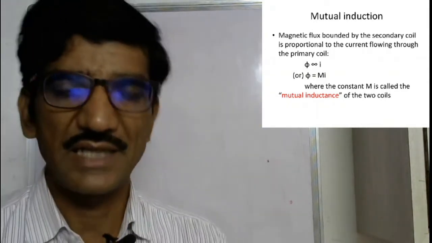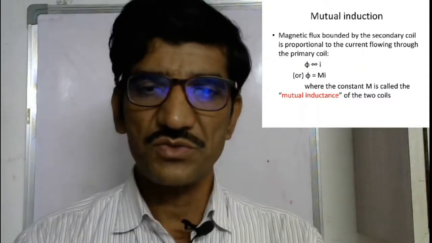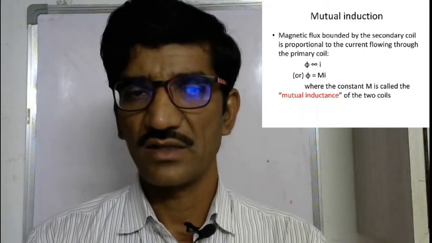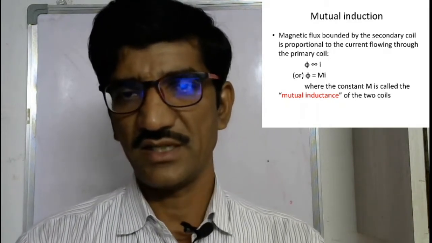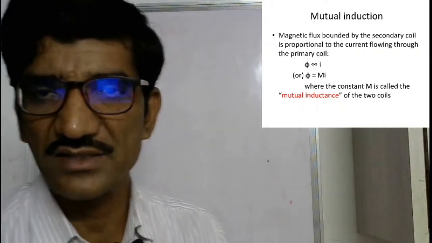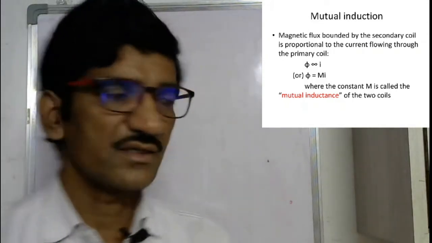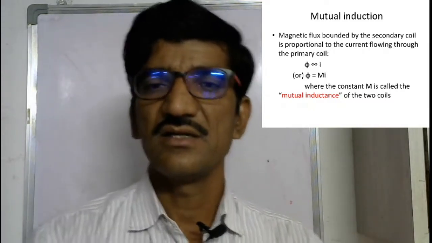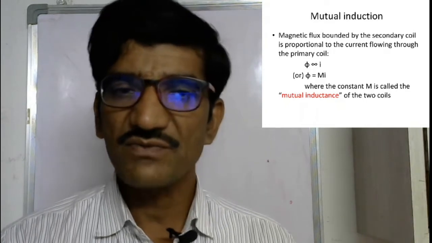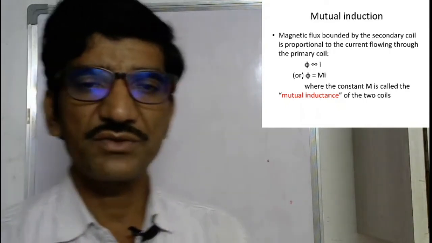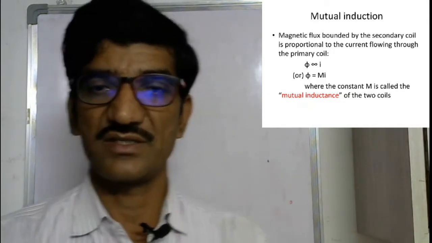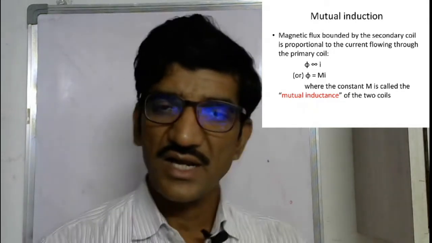Here also we have some flux that is linked with the first and second coils. Whatever flux we are taking here is the flux linked with the second coil. This flux will be proportional to the current flowing through which coil? The first coil. That is the difference between the discussion of self-induction and mutual induction.